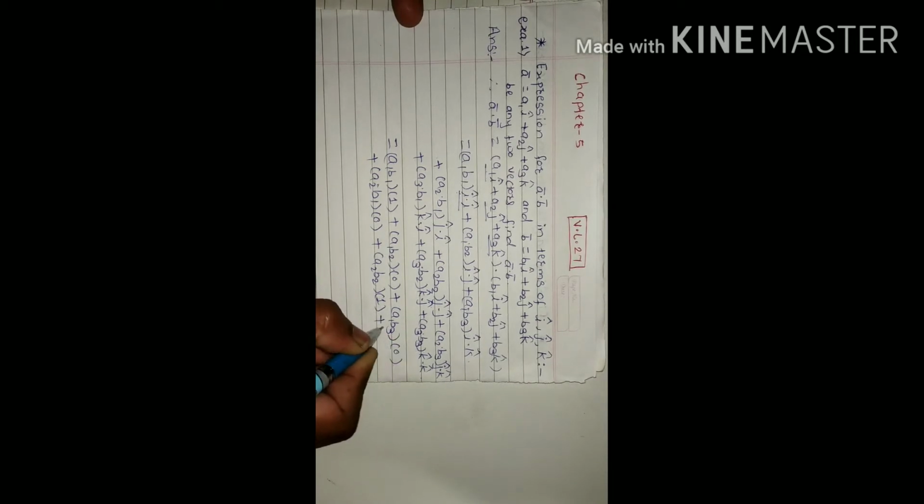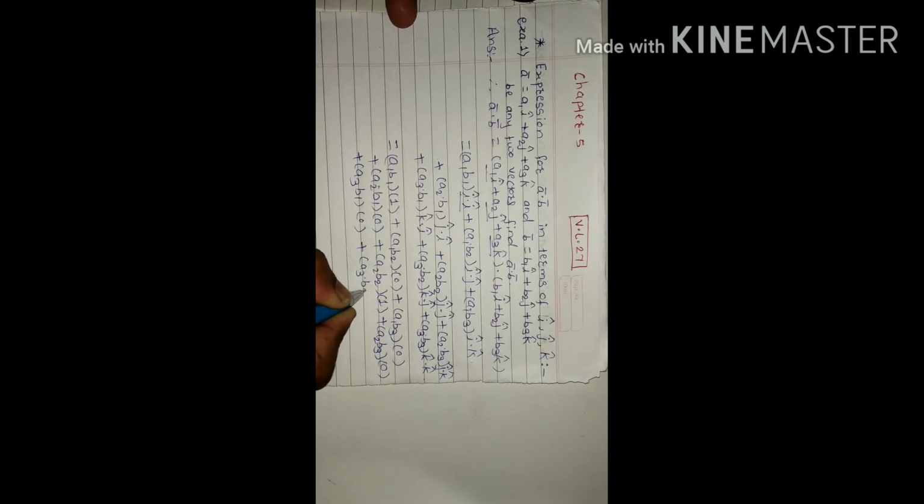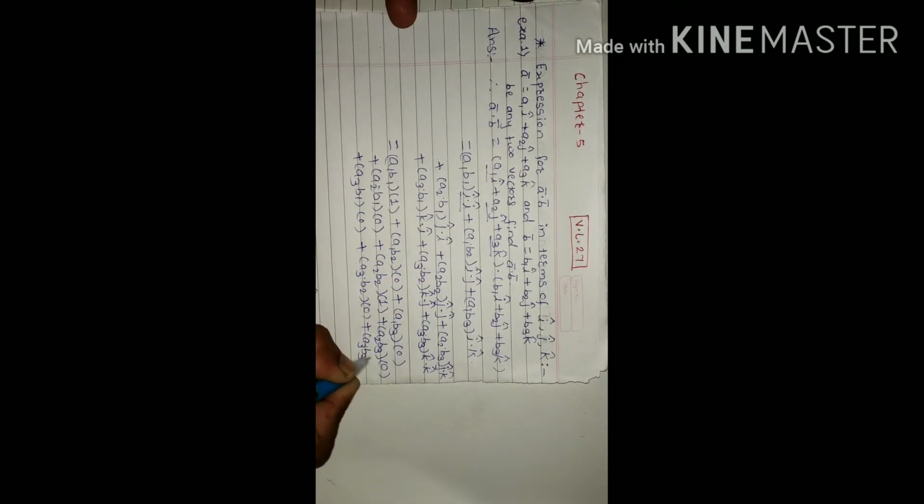Then plus a2 into b3 j cap dot k cap, that is 0. Then plus a3 b1 into 0, plus a3 b2 k cap dot j cap into 0, plus a3 into b3 into 1. All the other values we get 0.